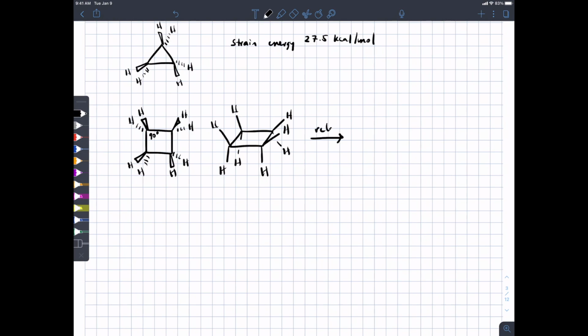Instead, it relaxes a bit, and the carbons on either end sort of pucker downward, and the carbons in the middle pucker upward, and this relieves some of the strain of the ring. Also, because the bond angles don't have to be quite 90 degrees, it relieves some of the torsional strain between the hydrogens because they're no longer eclipsed with each other.